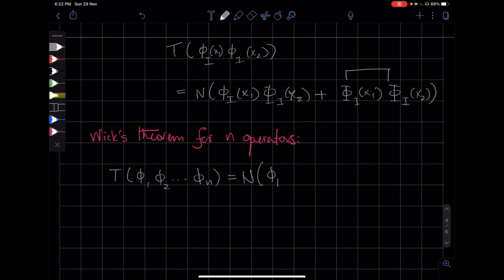It'll contain several terms. One of the terms would be the normal ordered product of all those operators. And then there'll be all possible contractions.